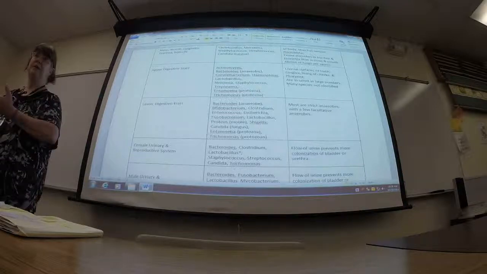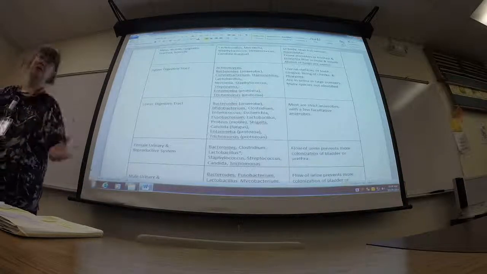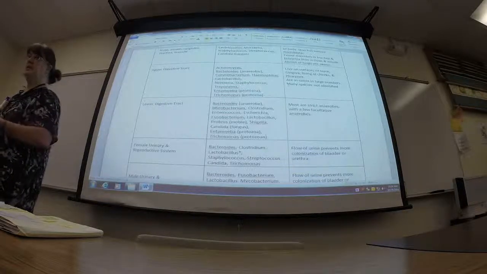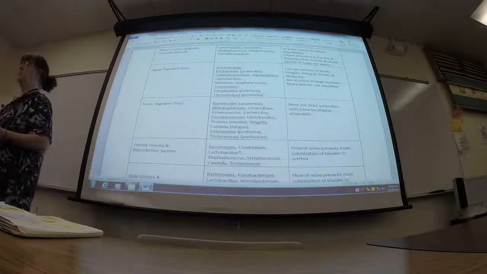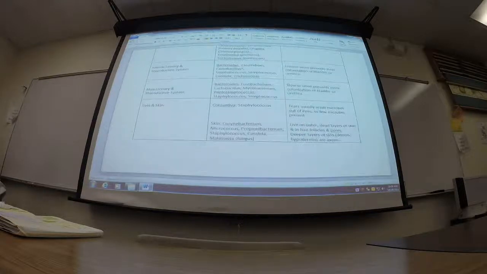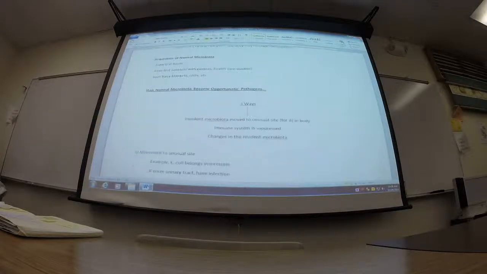Try to get the right ones. They're even going so far to say that some people might be more overweight than others because of the type of bacteria in the intestines. Now, is that true or not? We don't know if that's true or not. Not yet. So this can actually vary quite a bit. We talked about that if you have an organism contaminate you, that doesn't mean you're going to have an infection.